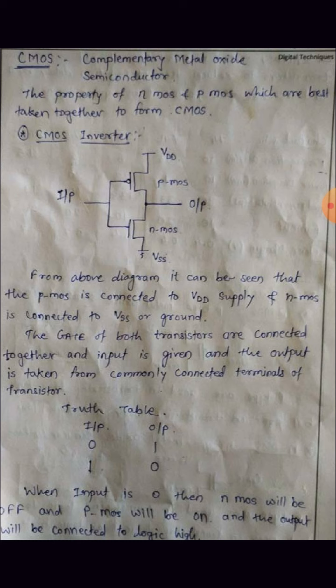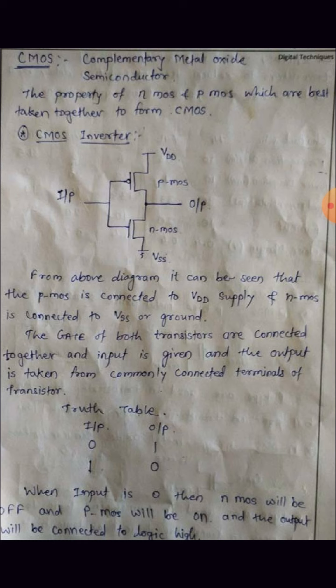Yes, as shown in the figure, for the metal oxide semiconductor there are three terminals: one is gate, one is drain, and one is source. In the figure, the gate terminals are connected to each other. The drain is connected to VDD, and the source is connected to ground.